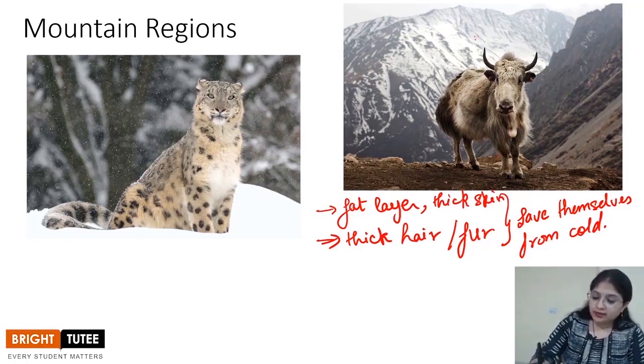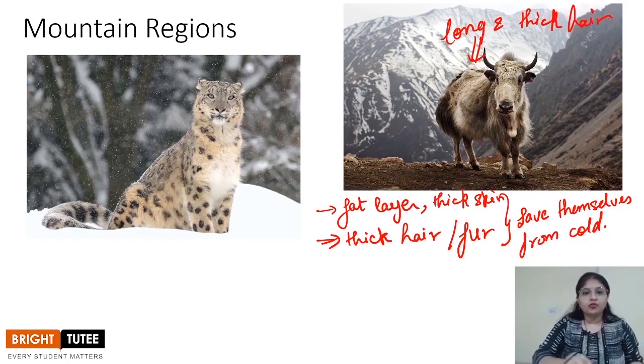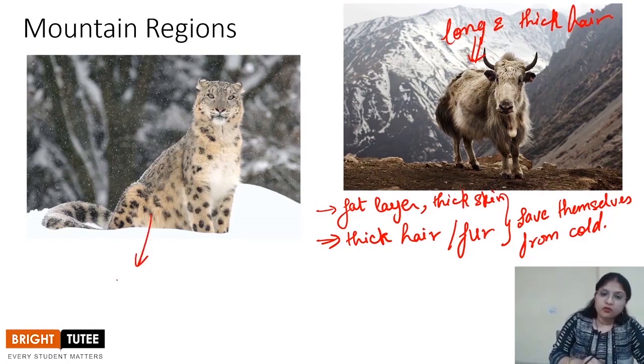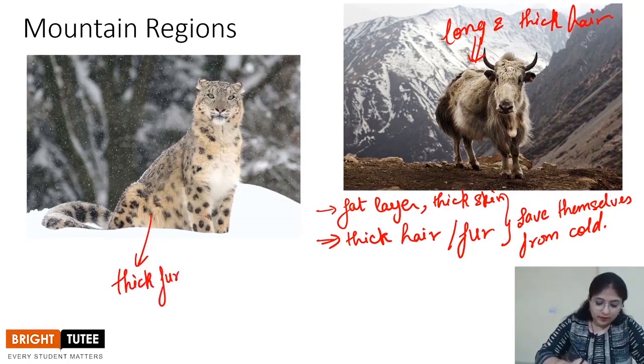Now, if you look at the yak, right? The yak has long and thick hair, whereas when we talk about the snow leopard, right? The snow leopard is the kind of leopard which we find on the mountain regions. You will find that the snow leopard has thick fur, and this thick fur is not only limited to its body, the thick fur is also on its paws, right?